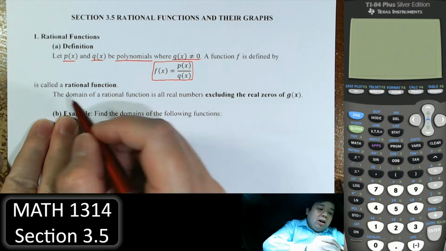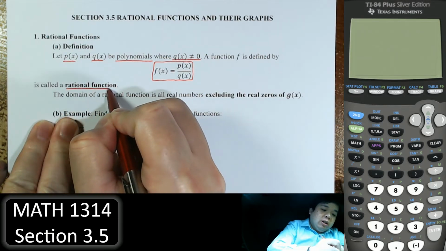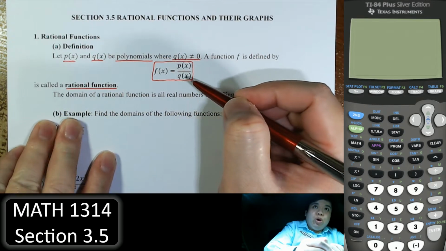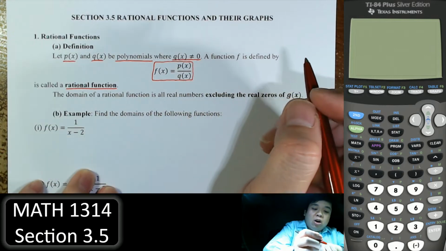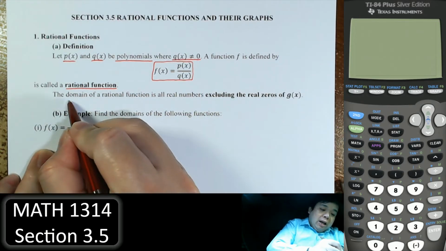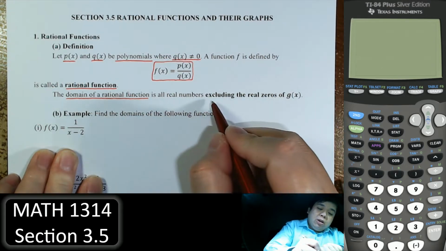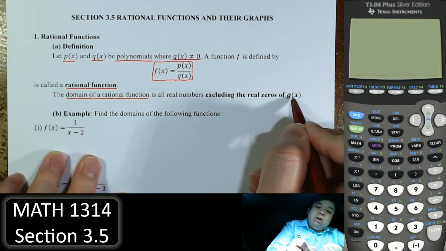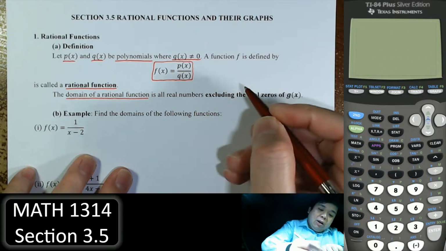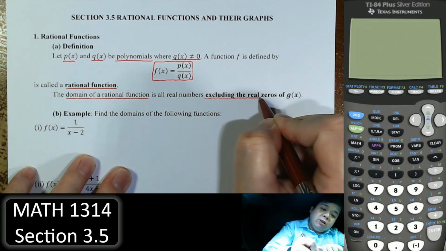So once again, a rational function is a ratio of two polynomials where the denominator is not equal to 0. And the domain of a rational function is all real numbers excluding the real zeros of q of x, meaning that the bottom cannot be equal to 0.